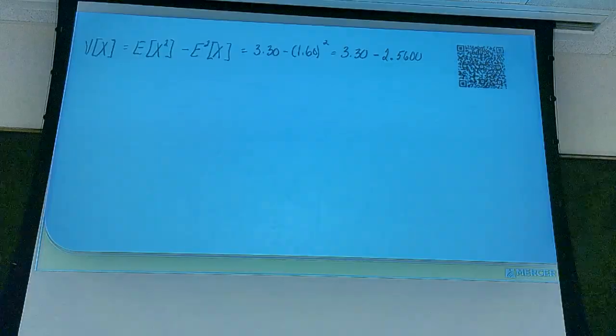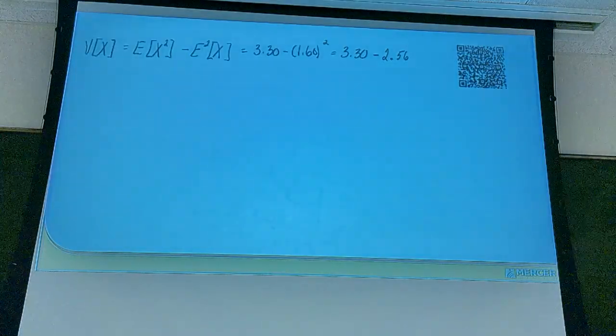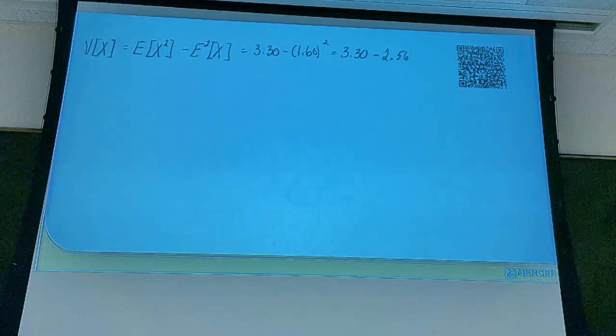Should be 2.5600, or just 2.56. 330 minus 256. What is it? 74. Variance is 0.74.